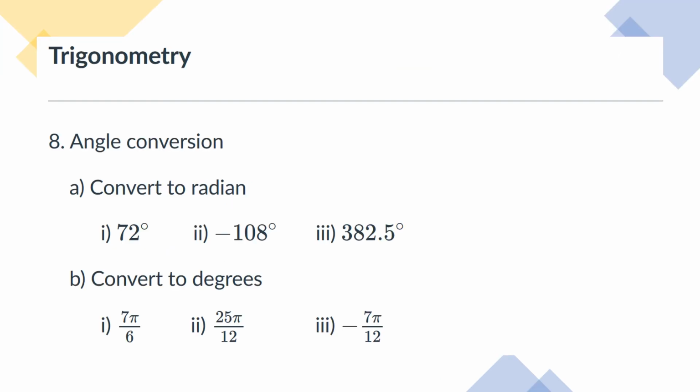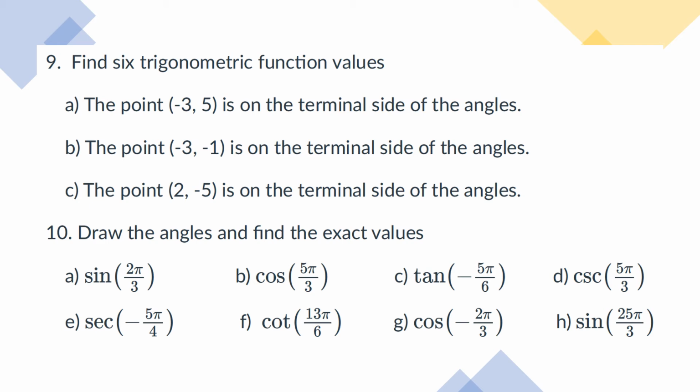Question number 8 is trigonometry. In trigonometry, we're gonna first talk about how to convert from radians to degrees and degrees to radians using pi over 180 and 180 over pi factors. And then in question number 9, these are two standard questions. One is, if you are given a point, how to find the corresponding angles for that.